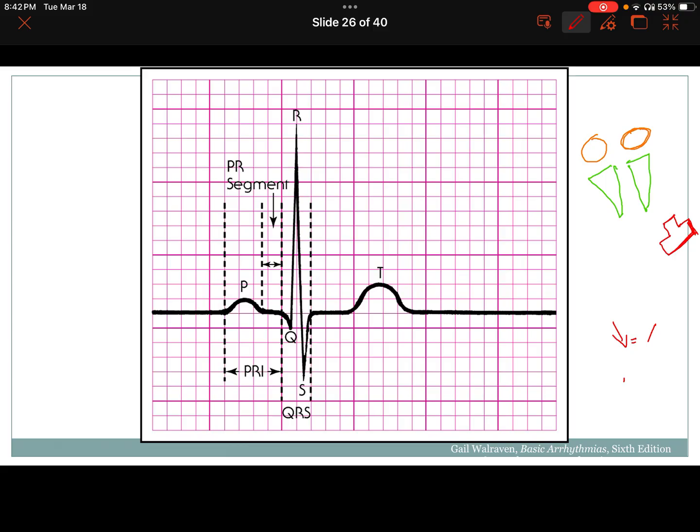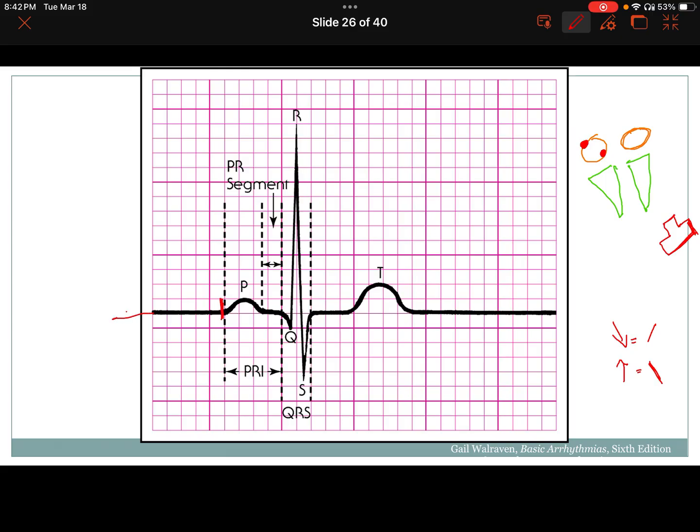If it moves away from the camera, it's going to create a negative deflection. So when that SA node, which is up here, fires, and it shoots electricity down to the AV node, it's traveling toward the camera.